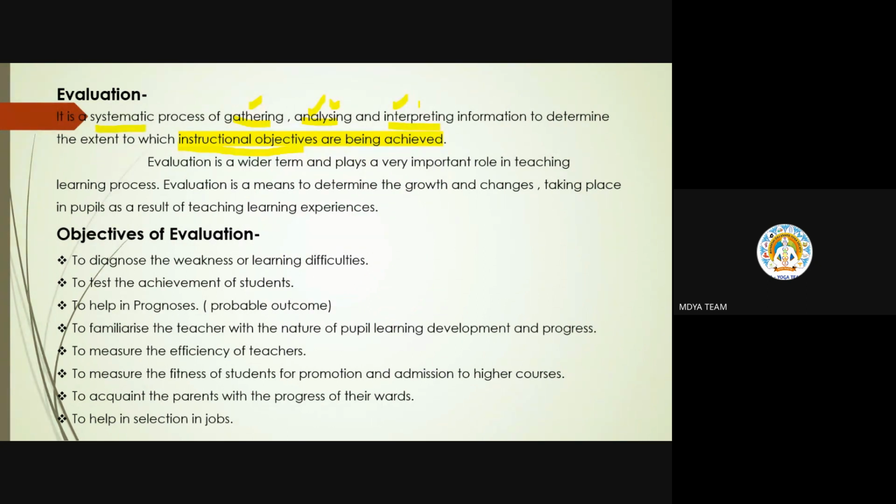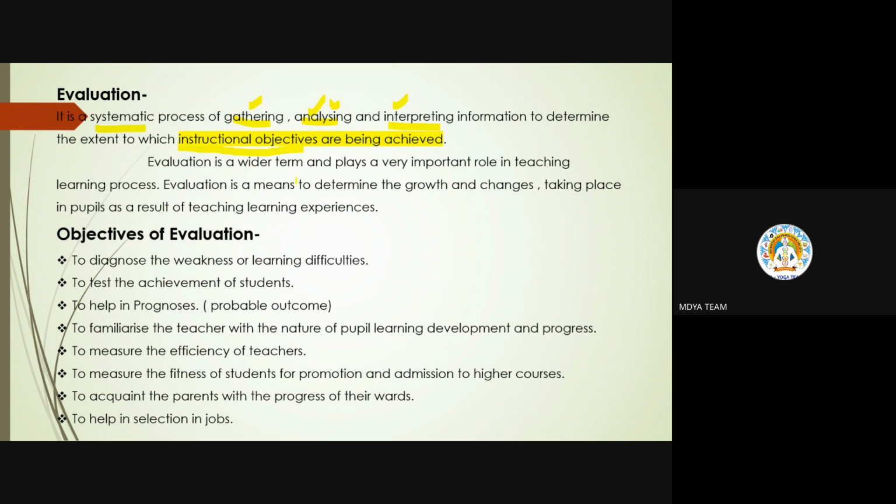In the result, the marks of all subjects are there. They will do some calculation, percentages calculated and all things. So, gathering, analyzing, and interpreting the information to determine the extent to which the objectives are being achieved.